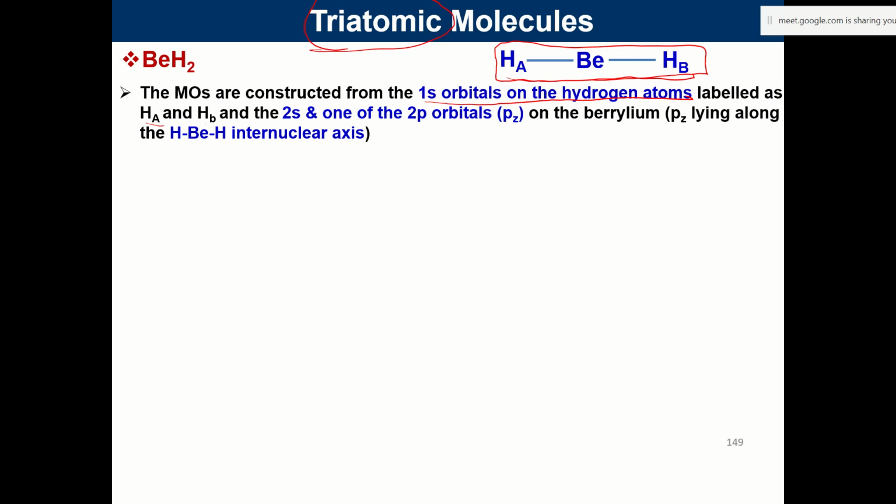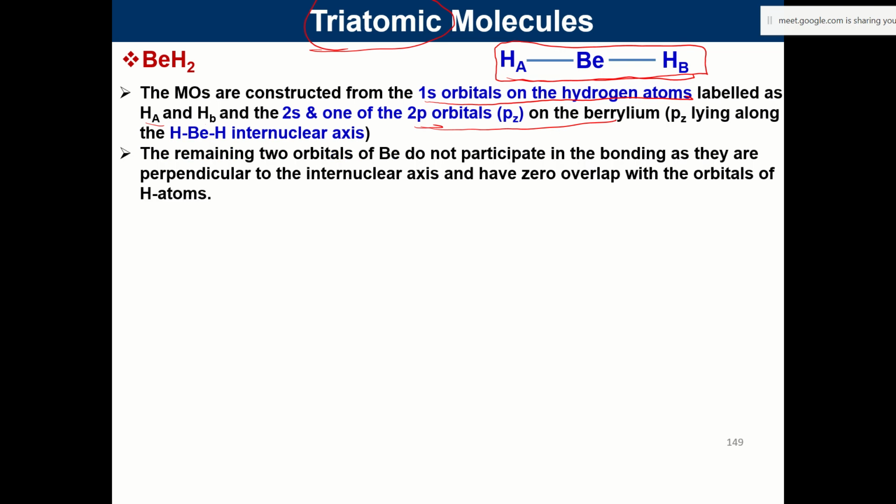Then we have 2s orbitals and 2p orbitals on the beryllium. If you are considering the internuclear axis, there's only one p orbital which will be lying along the internuclear axis. Other two will be perpendicular, right? So for the combination that we are going to work out, only pz orbitals are important, because you do not have any other counterpart on hydrogen to overlap with the other px and py orbitals.